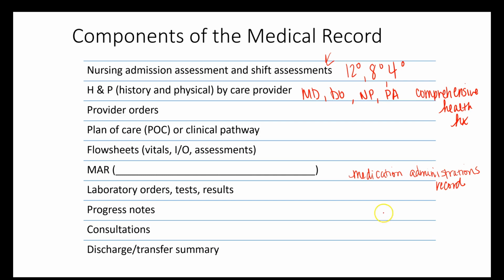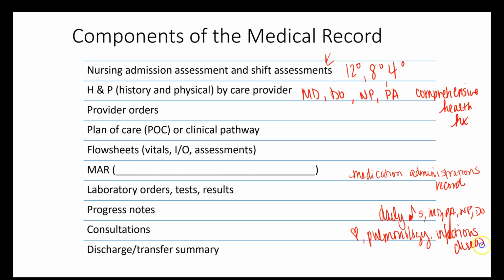Progress notes are the daily notes that the MD, PA, NP, or DO update. Consultations are extra doctors or PAs that are brought in to see the patient. So we might have cardiology, we might have pulmonology, we might have infectious disease. All of these people will come in and see the patients.